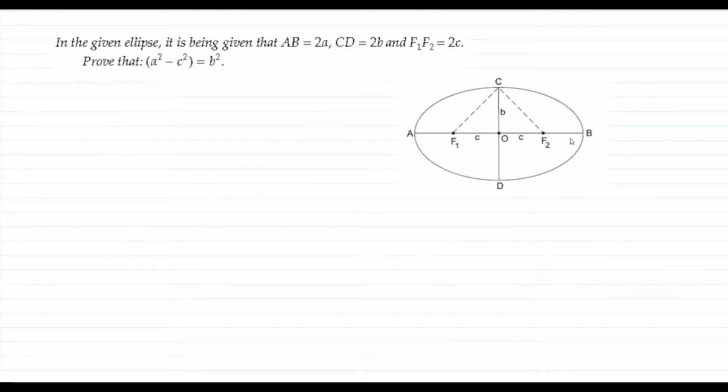Now we are going to discuss an important result, which is a square minus c square equals b square. Let's see what is given. AB is the major axis, so the length of the major axis is given as 2a.